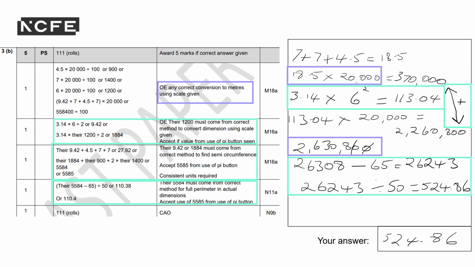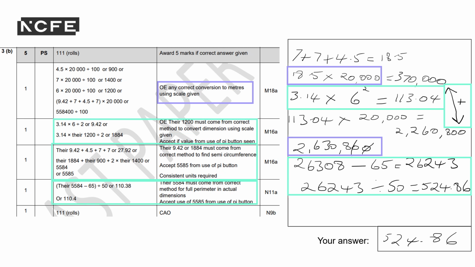The fourth mark is for subtracting 65 meters for the entrances and then dividing by 50 to find out how many rolls of fencing. And yes, they have done that. They have subtracted 65 and they have then divided by 50, but it does say there, whatever their answer is, so their 524.86 must come from a correct method for full perimeter in actual dimensions, but they didn't get the correct method for full perimeter.